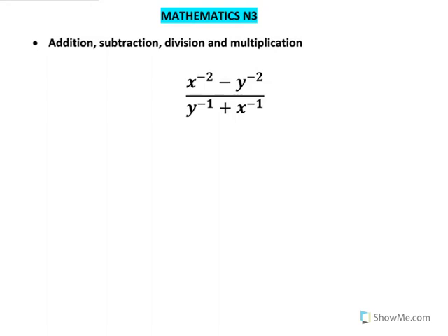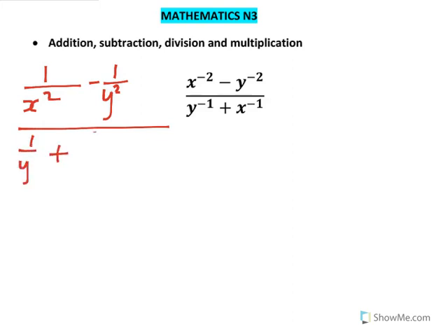Here they gave you x to the power negative 2 minus y to the power negative 2, over y to the power negative 1 plus x to the power negative 1. Now you must remember x to the power negative 2 is the same as saying 1 over x squared, minus 1 over y squared, all over 1 over y plus 1 over x. This is the same method that we did previously. Now what you can do is focus on the top.